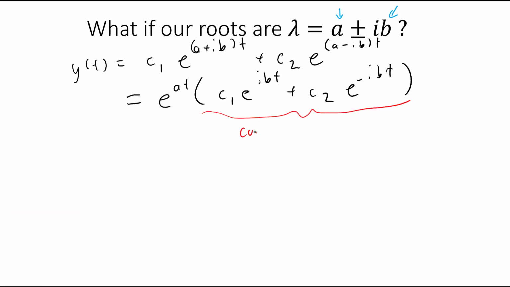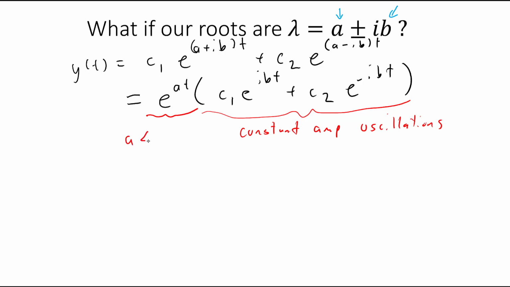Namely, this one is going to give us constant amplitude oscillations, because we're getting pure imaginary exponents here, combinations of sines and cosines. So really what's going to happen is going to depend on this real exponent out front.